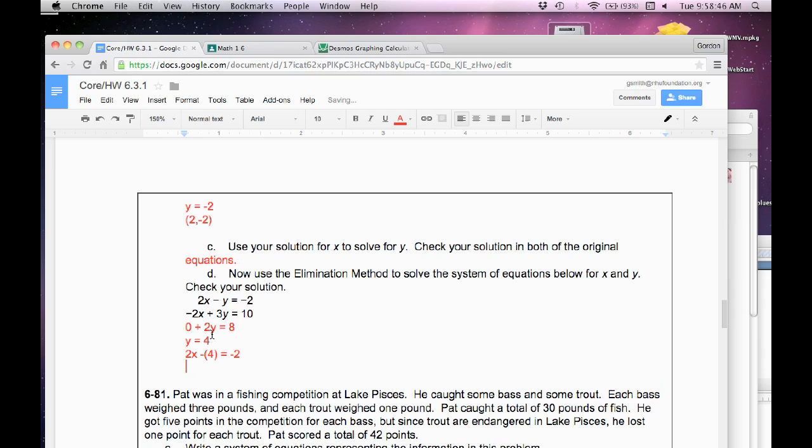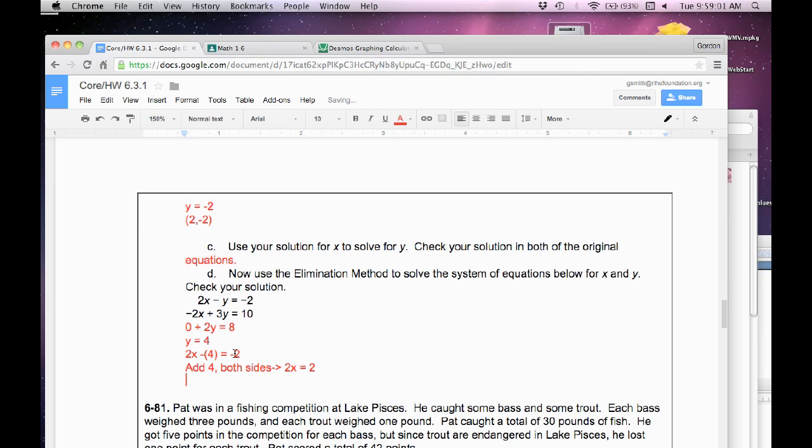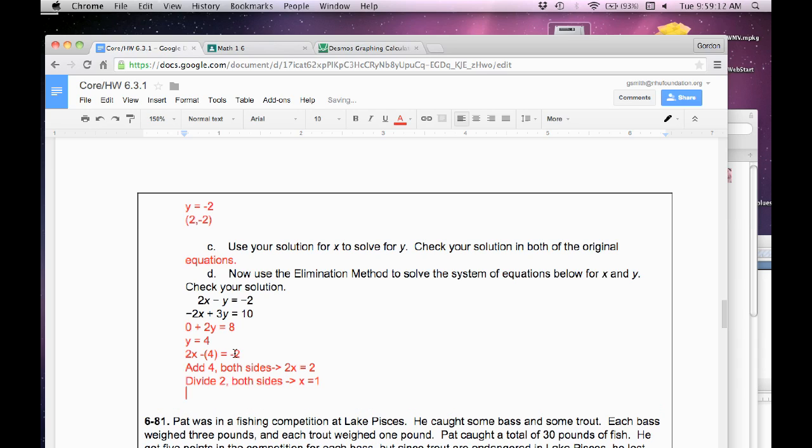Here I'm going to add 4 to both sides, and that's going to get me 2x is equal to negative 2 plus 4, which is 2. And I'll just divide by 2. And that will get me x equals 1. So my solution is x is 1, so that's 1 comma my y is 4.